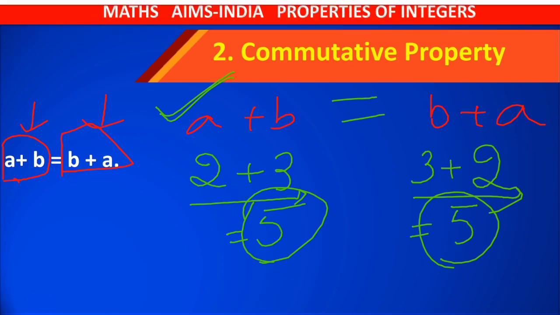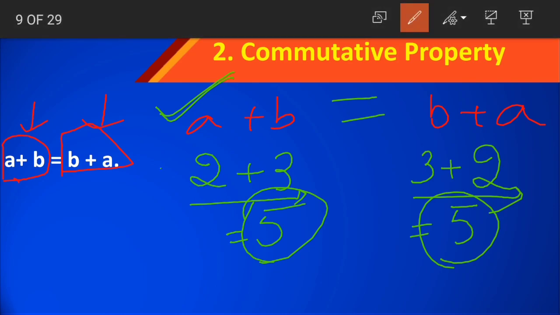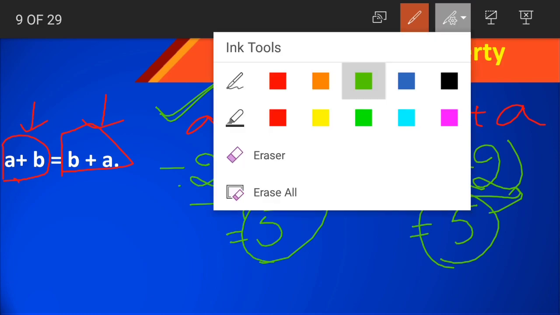You can even try this with negative integers as well. Minus 2 plus 3. What is minus 2 plus 3 equal to? We have two different signs, so we will subtract the numbers. 3 minus 2 is 1, and 3 is the higher absolute value integer, so the answer will be positive.